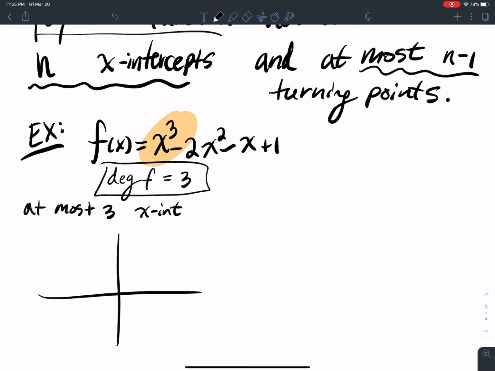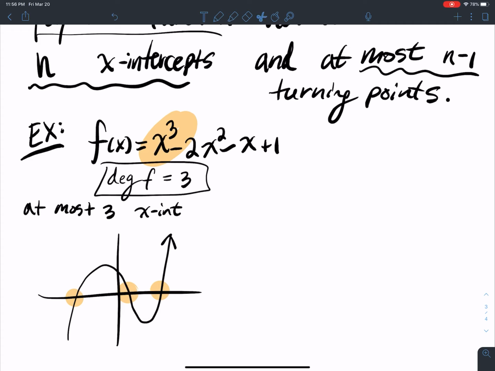So this graph kind of looks something like this here. Okay, so what's happening here? I'm actually crossing the axis 1, 2, 3 places, okay? At most 3. I can't cross it more than 3 times.